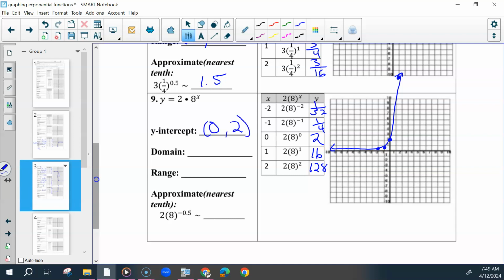Domain, our range. 0 to infinity. And go ahead and approximate this. 2 times 8 to the negative 0.5. 0.707. So 0.7.